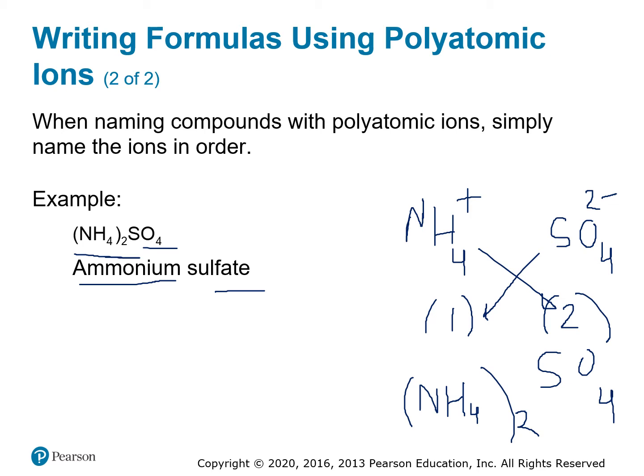If you do the math, 2 times +1 plus 2 minus will be 0, so that will be neutral. So that's ammonium sulfate. If the formula is given, this is how you write the names. If the name is given, this is how you write the formula. I showed you both methods.